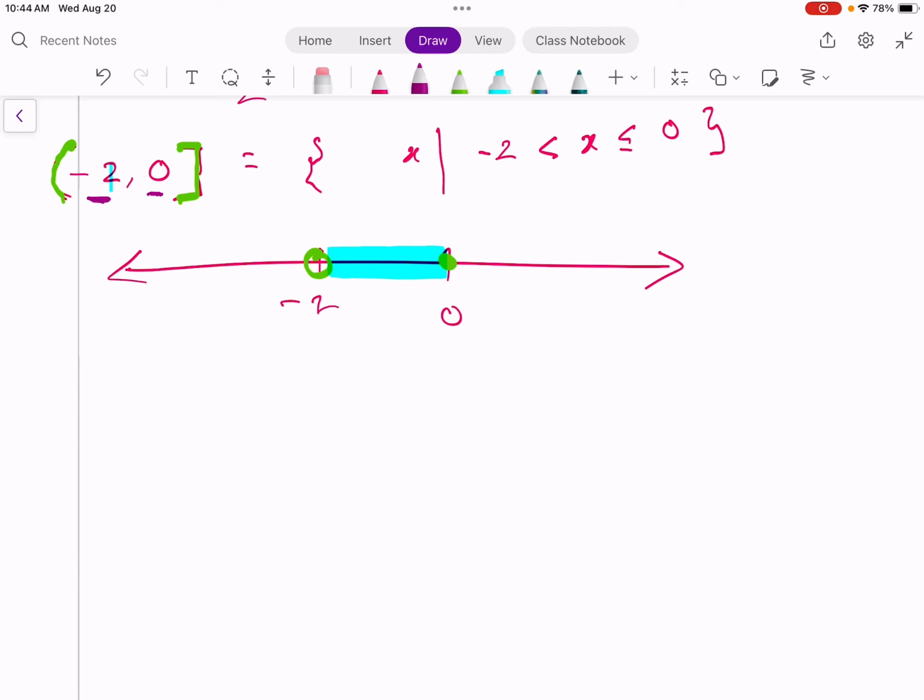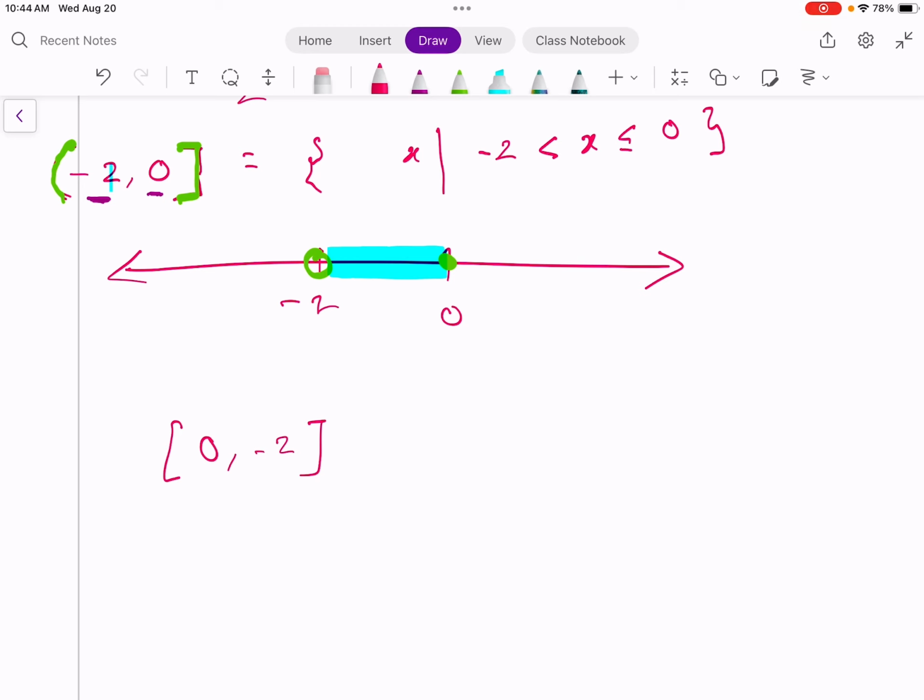Can you think of a number? For example, if you write your interval as, let's say, 0, -2. Now, according to the definition, how do we read this? Every number which is greater than equals to 0 and less than equals to -2 is here.